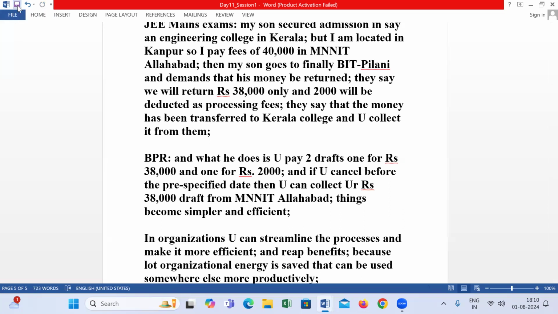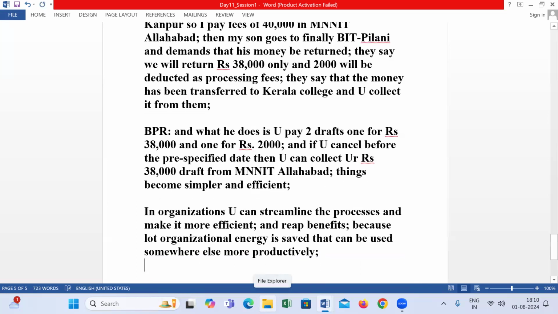This is referred to as business process re-engineering. I'm sorry I gave an old example, but I am able to drive home the point, I suppose. And thus, we will relate this BPR to strategy.